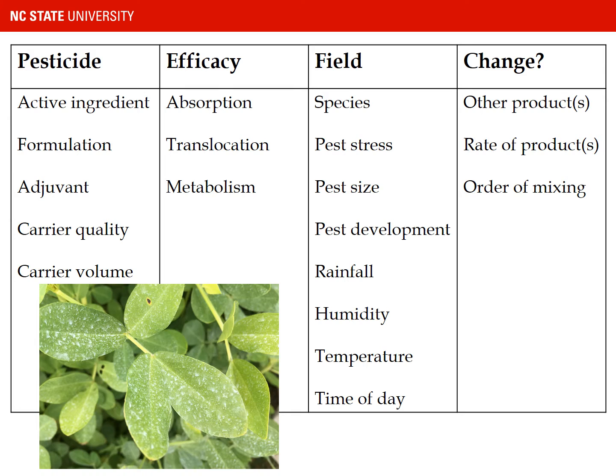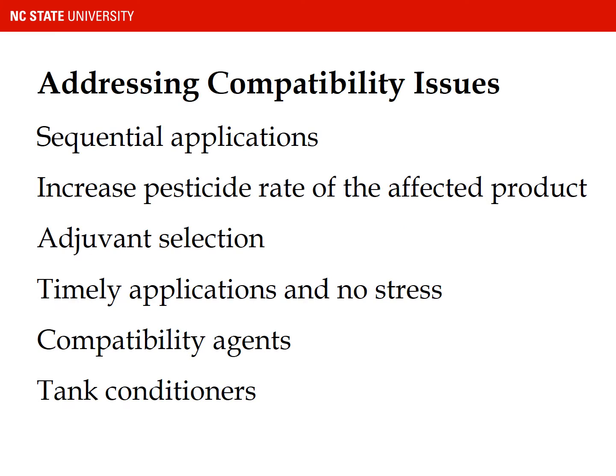So with compatibility, we're often thinking about what's the impact on the pest we're trying to control, what's the impact on the crop tolerance of that mixture that we're using and the pesticides within, but also a major one is whether or not these materials are physically compatible in the tank even before you come to the field.